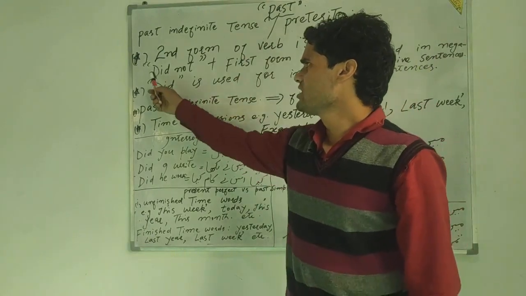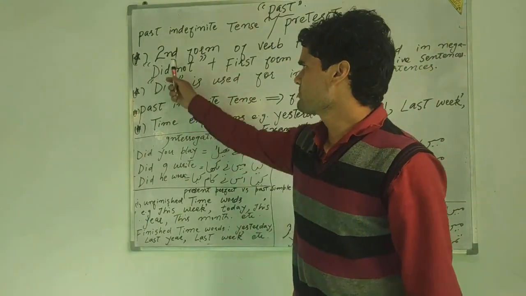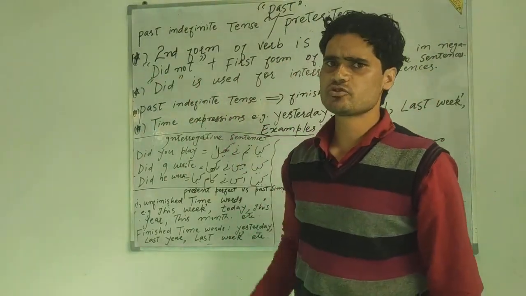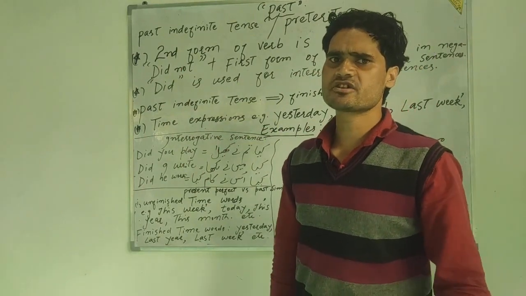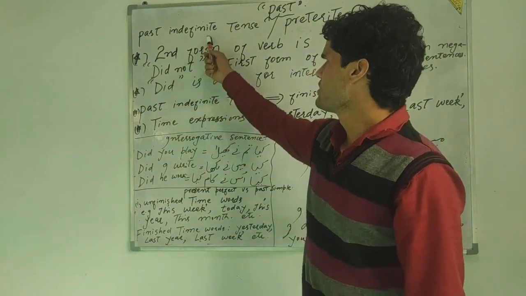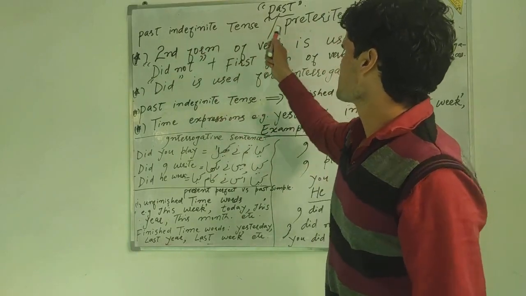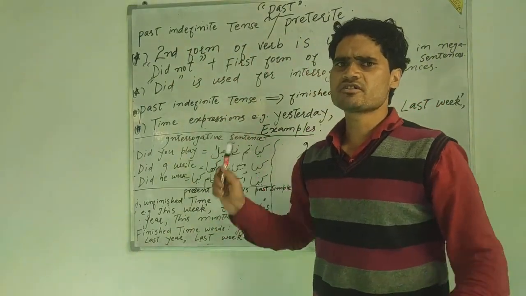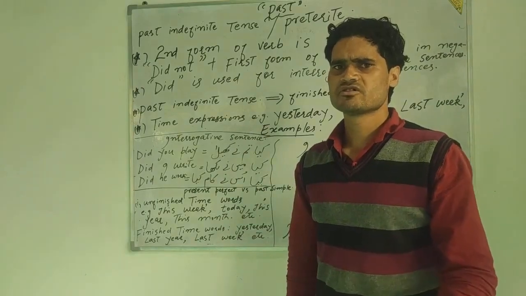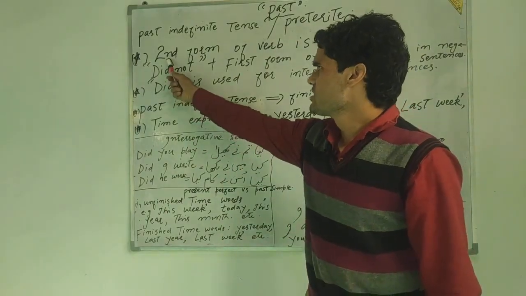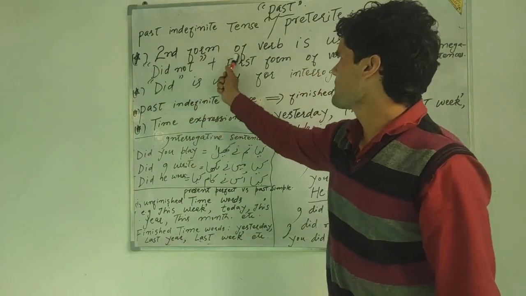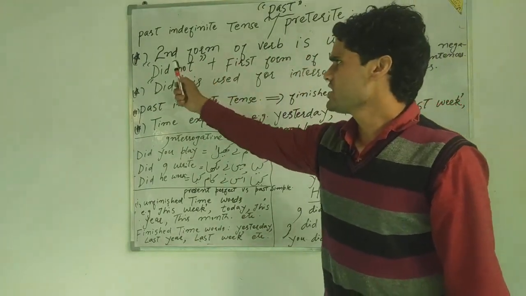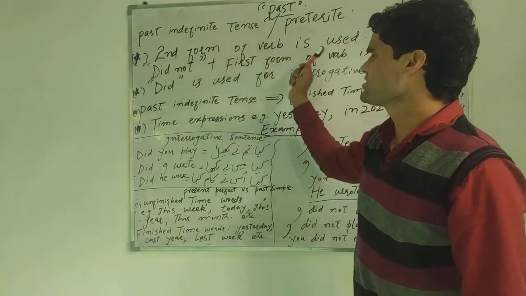But before that, I want to show you the principles and structures used for the construction of sentences in past indefinite tense or preterite. Always remember, it is very important from the examination point of view. In this tense the second form of verb is used.